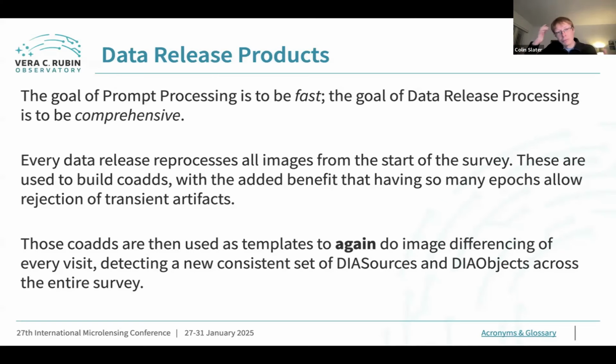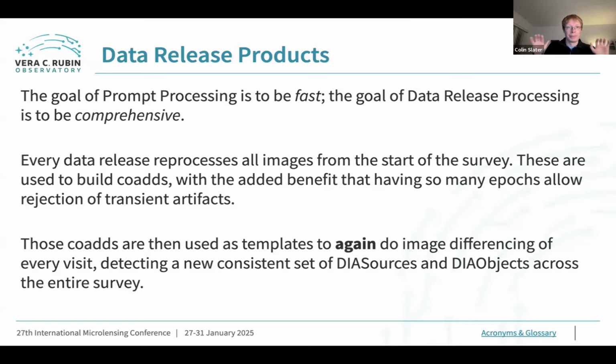We use this to build coadds to give us additional depth. Because we have so many epochs, that lets us do very good rejection of artifacts and any sort of transient effects that might be present, because we have lots of other epochs to compare to. So we can get a coadd that really reflects just the static sky.